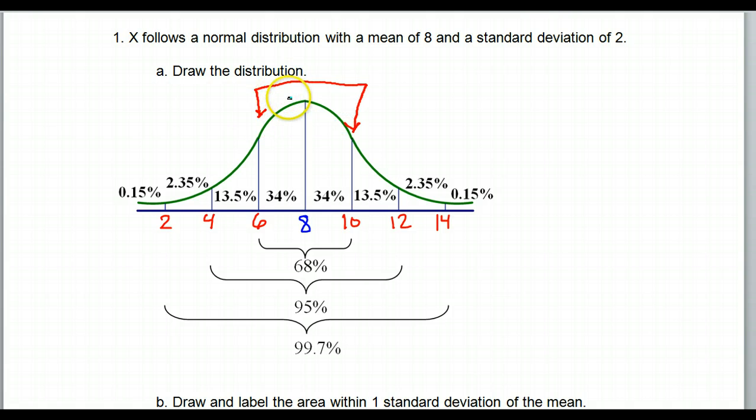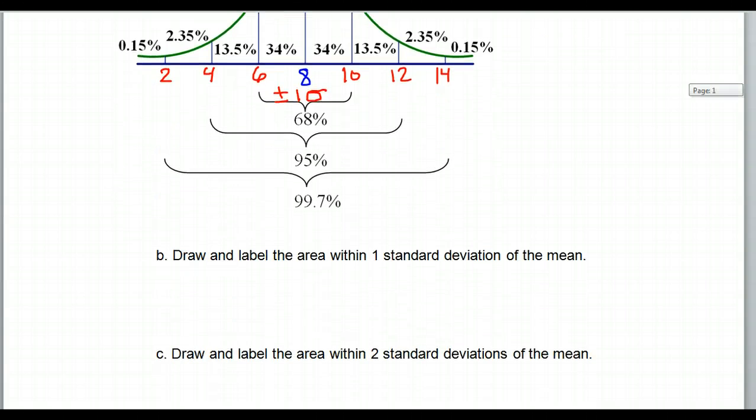I will just put plus or minus 1 standard deviation. Actually, I've already kind of marked it with the 68%, so I can just put my plus or minus 1 standard deviation right here.